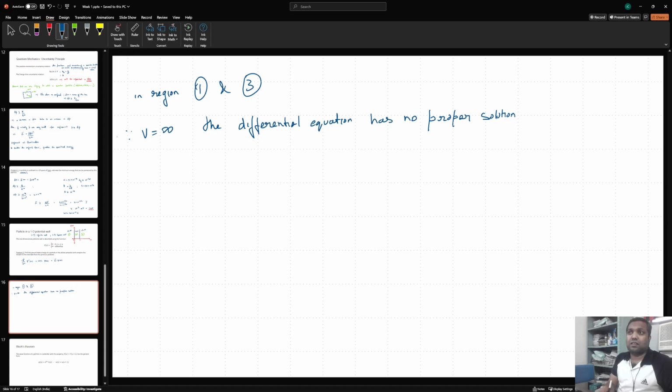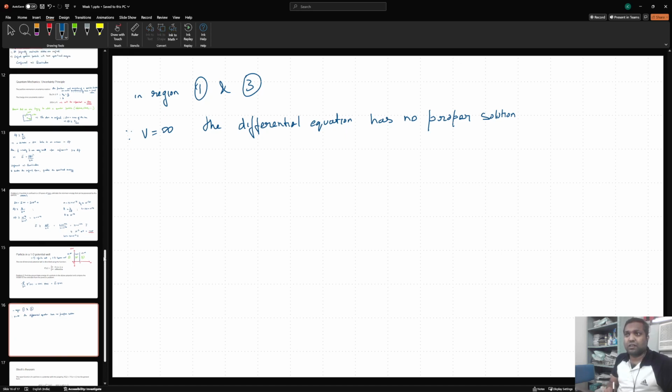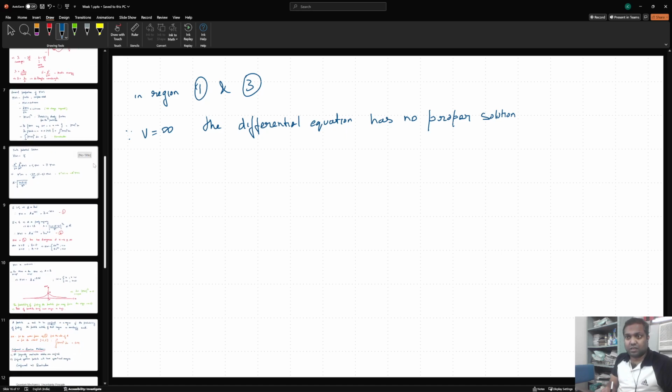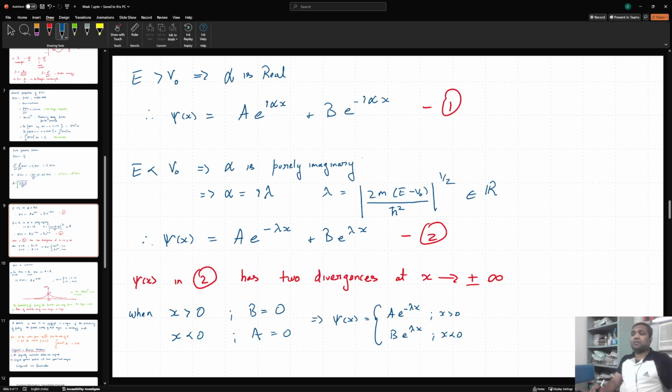Why? Let us just go back here and look at this quantity. Look at this point here. See, the value of v here is given to be infinite. So no matter what value I choose here, I'm going to be ending up with a minus infinity. And once I have a minus infinity, the square root of infinity is also going to be infinity.